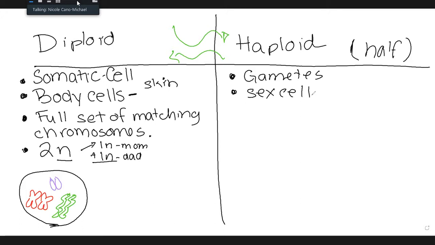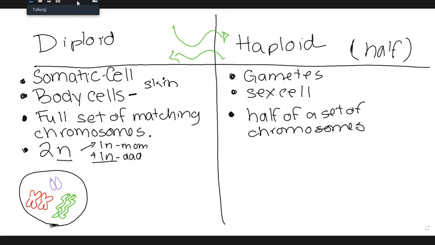So what does it mean to be a haploid? Well, it is literally half of a set of chromosomes. If I need to show this in a symbol, I am just going to call this N. So this is the half that I get from my mom in a cell, or maybe it's the half that I got from my dad in a cell.